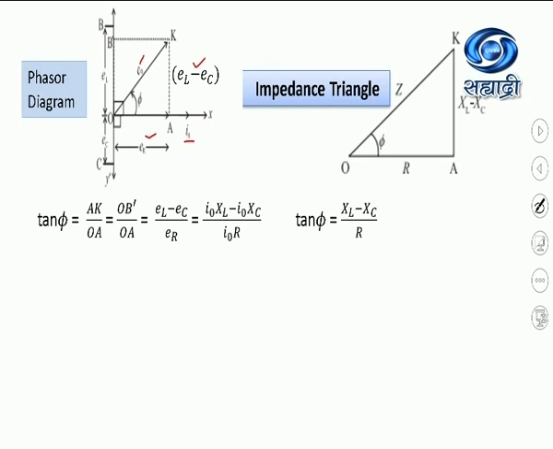Now the relation tan phi equal to XL minus XC upon R can also be represented with the help of a triangle called impedance triangle.